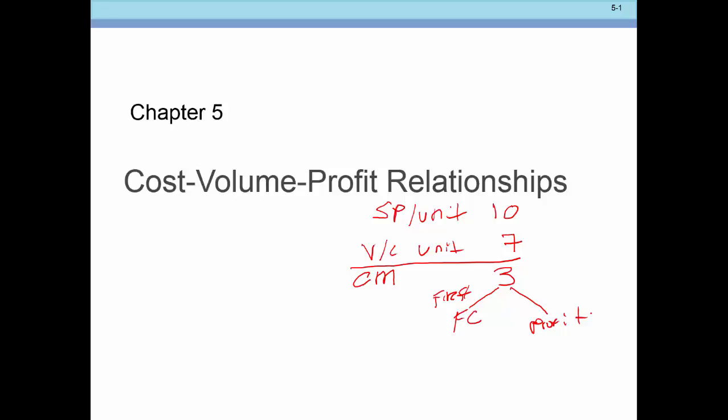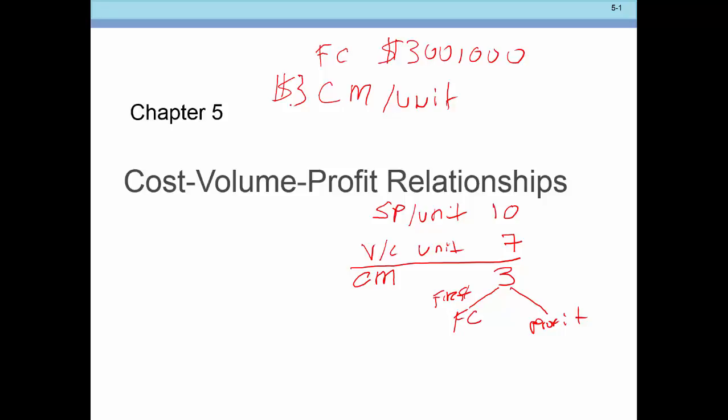So what happens if this company had a fixed cost of, say, $300,000, and we have a contribution margin per unit of this $3? The question becomes how many units would they have to sell to break even?